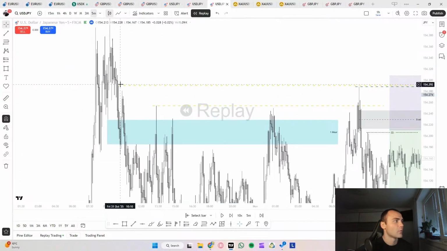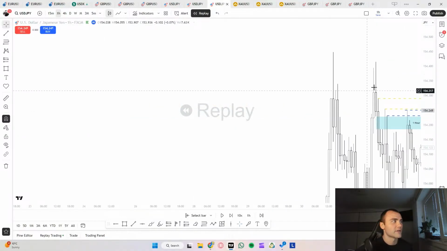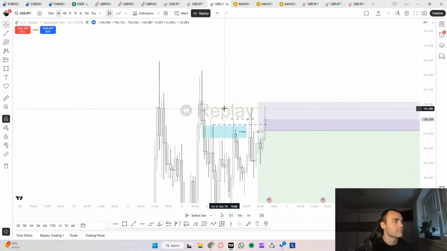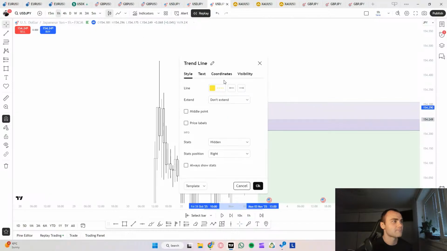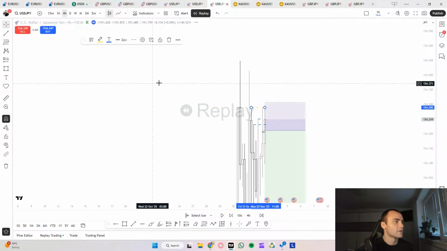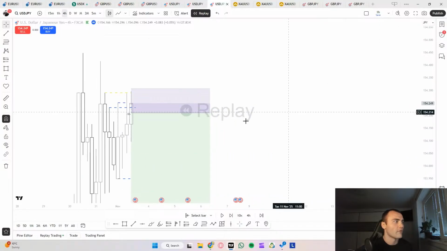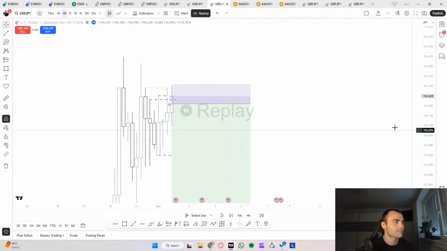until we invalidate this high, which is basically the high of the imbalance, and the high of the candle with the imbalance, and also, I guess, the high of the 4 hour range, right?